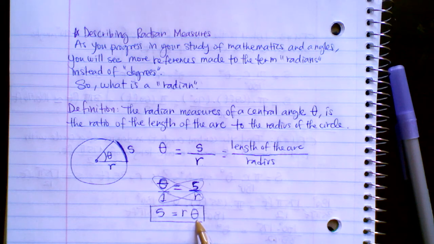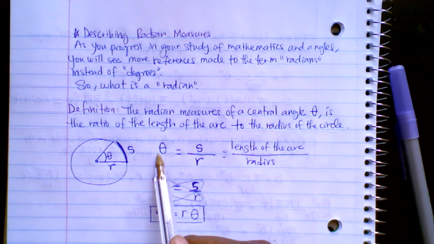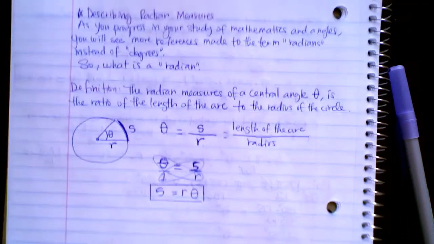Let me say that one more time. Theta is not in degree. If you use this formula, the angle theta must be in radian. Again, theta here is not in degree, it is in radian. That's the radian measurement.